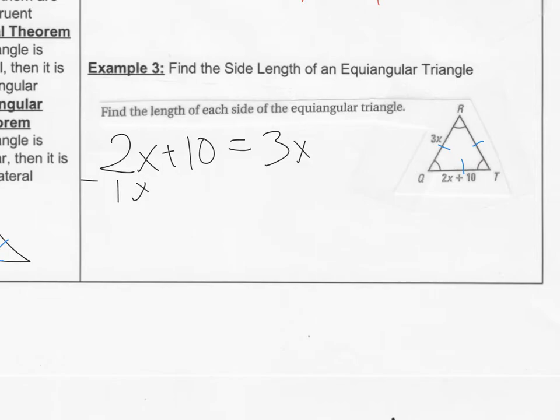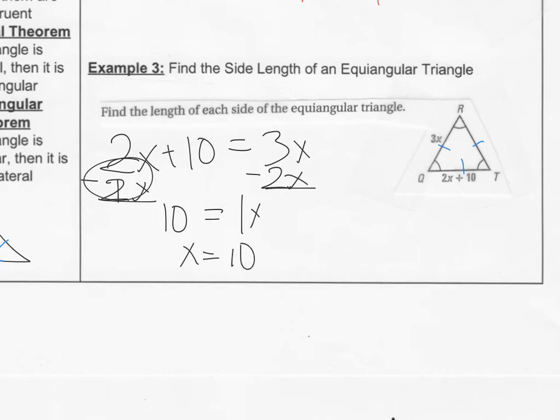Subtract 3, and it zeroes out, and x is going to equal 9. So that's your value of x. So if the base angles are equal, which they were here and here, then we know that the sides opposite as well are going to be equal to each other.